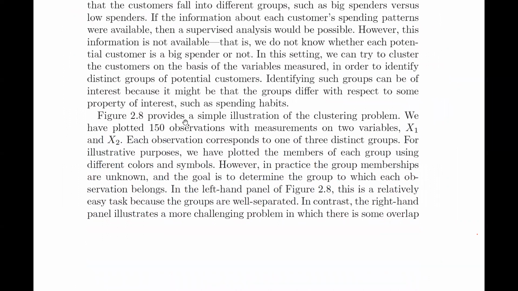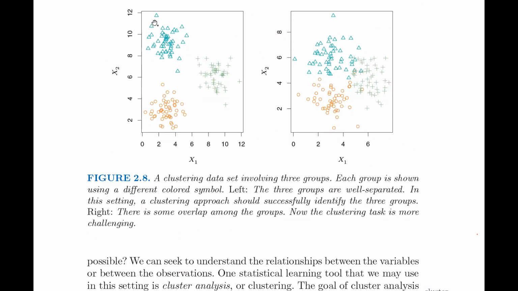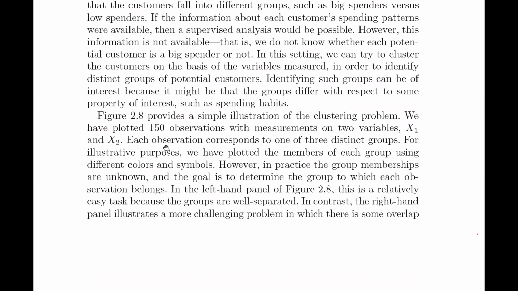So figure 2.8 provides a simple illustration of the clustering problem. We have plotted 150 observations with measurements on 2 variables. We're plotting 2 variables against each other, but x2 is no longer the output variable. It's no longer the familiar scenario where your horizontal axis is your input and the vertical is your output.